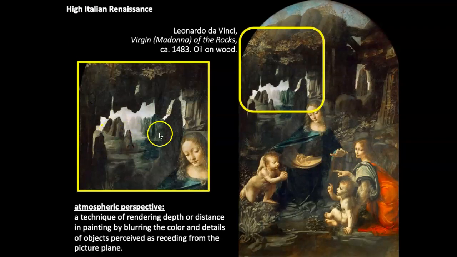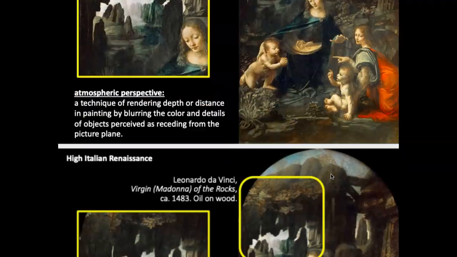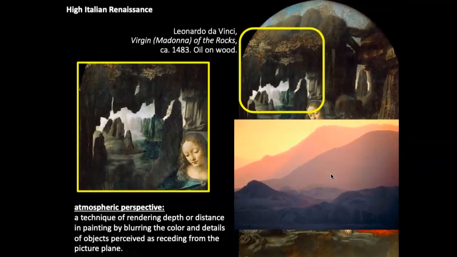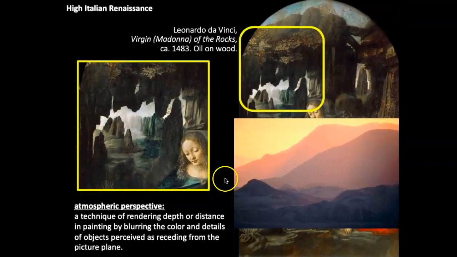Now I've highlighted here this detail. You see how the rocks, as they get farther away, become more blue-green, hazy, and then we see the fog rolling in. Now consider if he hadn't used atmospheric perspective and he had just painted those rocks the same kind of brown that we see in the foreground, well then we wouldn't register that as an opening.